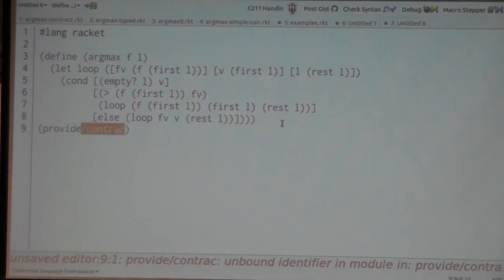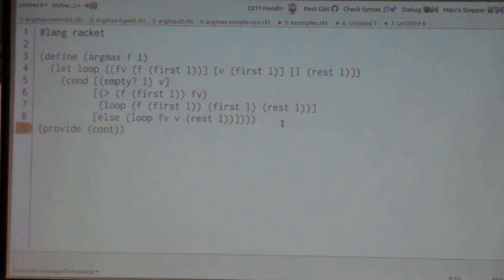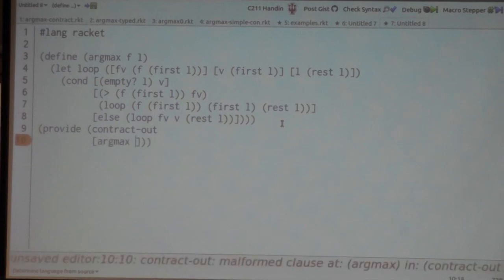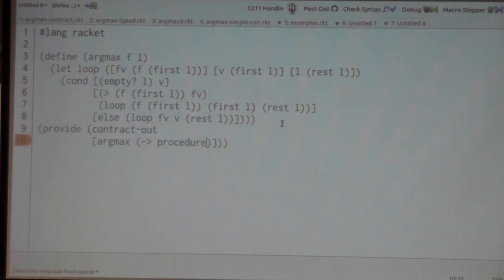I'm going to write that using Racket's contract system, which is going to look like this. So this goes back to our first specification that I said was bad. Takes a function and a list, produces a thing. And that's what we've said here.